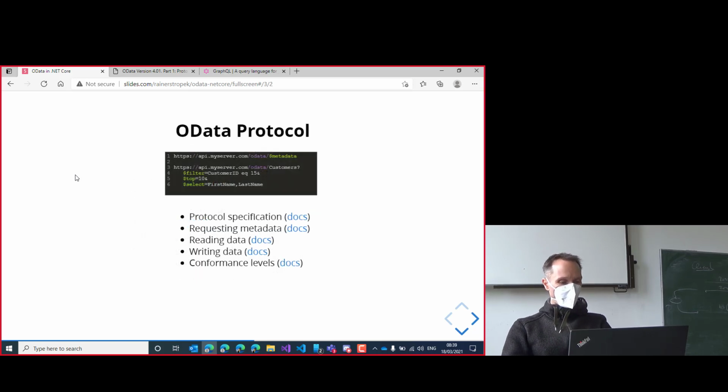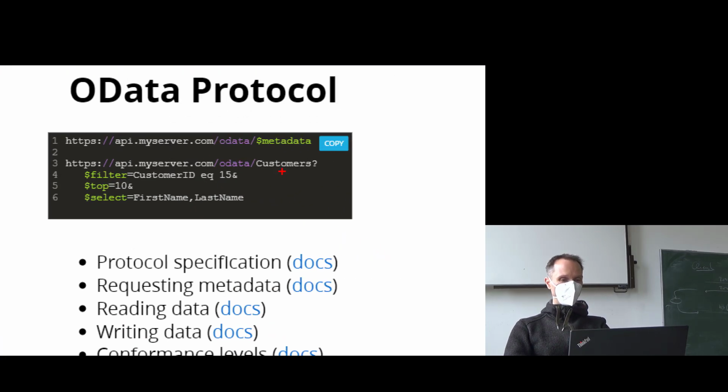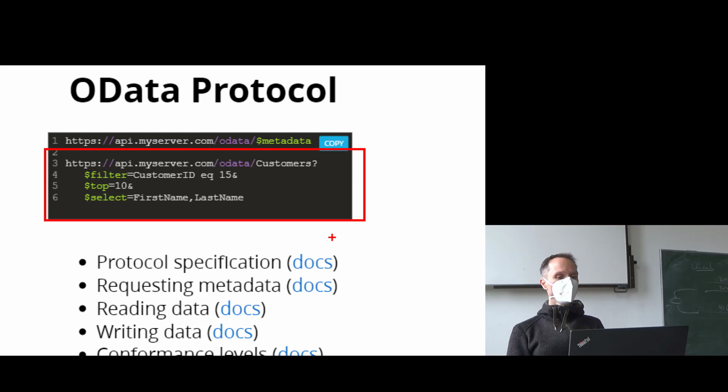Good. Now, what can OData do? Essentially, that. That's OData. This is how you write queries in OData. You just give it the name of the table, customers for instance, and then you can flexibly provide filters, for instance. I just want to see customer equal 15.